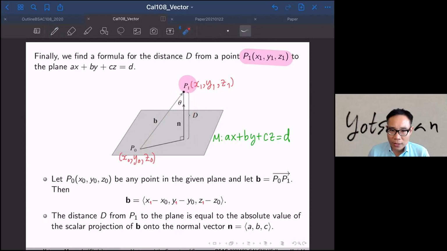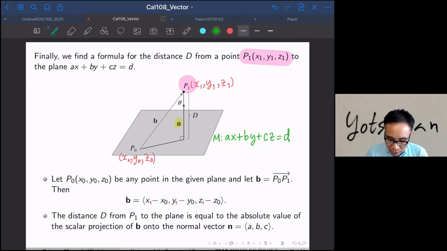The thing that we know is that we have one vector that is perpendicular to the plane, which is the normal vector n. So you have your normal vector n here, the vector that is perpendicular to your plane, and you're going to project.